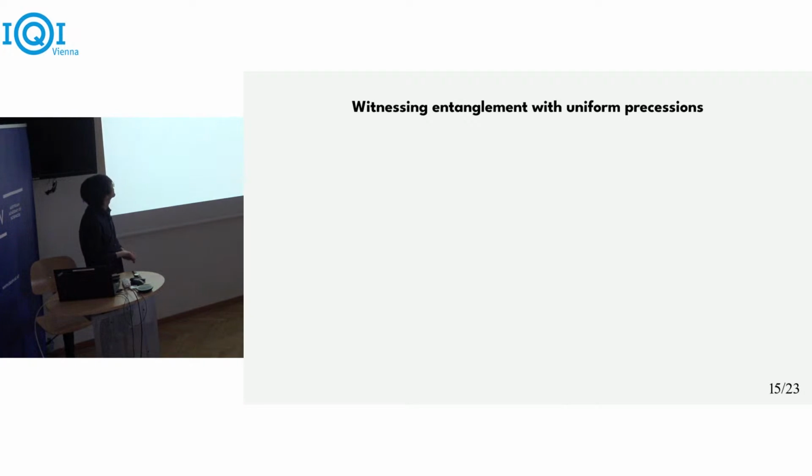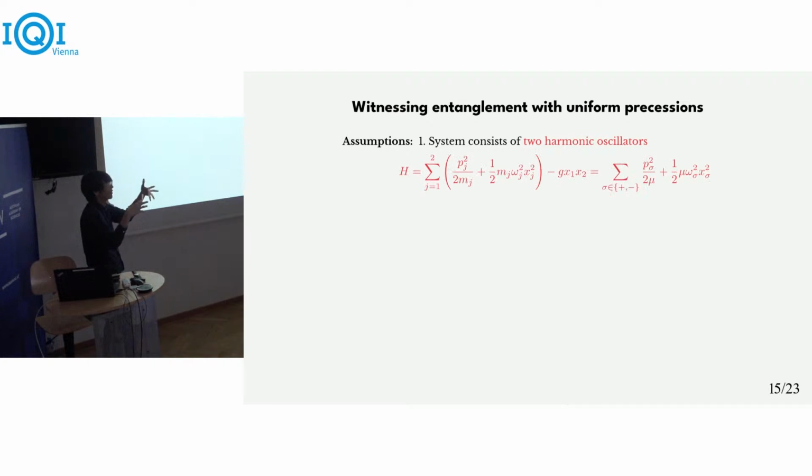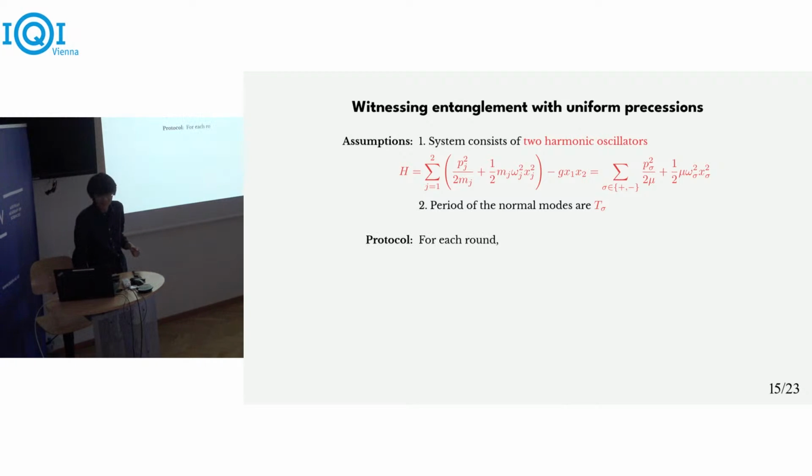And so ideally, what we want is to witness entanglement with uniform precessions, where we assume this time that we have two harmonic oscillators, and we know exactly what its dynamics are. We know exactly that it's in this form, and the period of the normal modes, we also know. And again, the protocol is very simple. For each round, prepare some state.